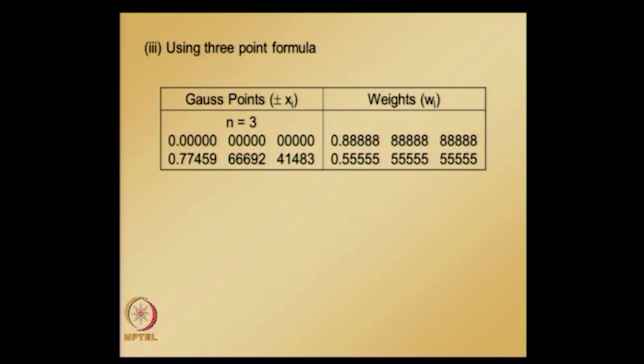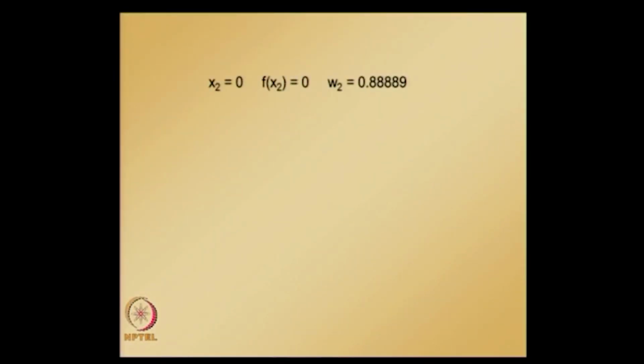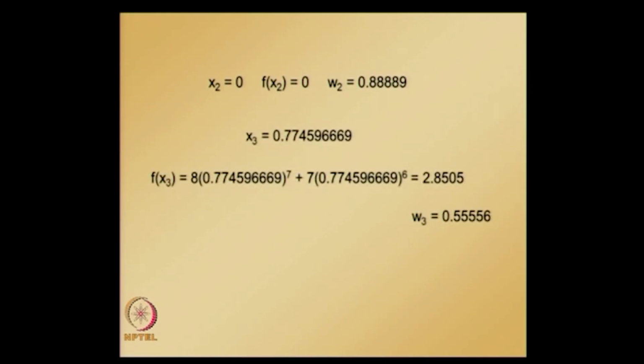So, we need to evaluate the function at 3 points, minus 0.77459, 0, 0.77459, and multiply with corresponding weights: the integrand value at the first integration point and corresponding weight, at the second integration point and corresponding weight, and at the third integration point and corresponding weight.